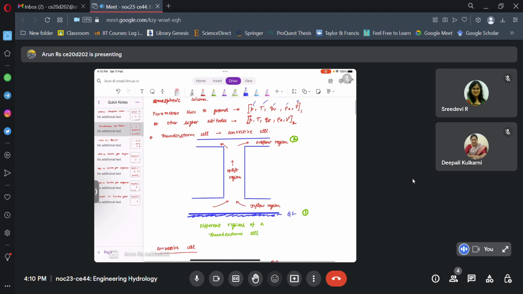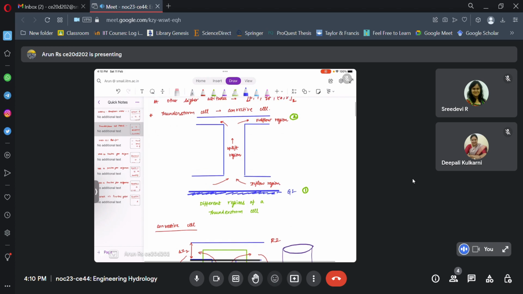So the basic structure of the thunderstorm model is displayed here. The thunderstorm model has an inflow region through which the air with the moisture and the vapor flows into the region, and it gets uplifted because of the upward air current, and as it rises up it condenses and forms the precipitation in that particular area.